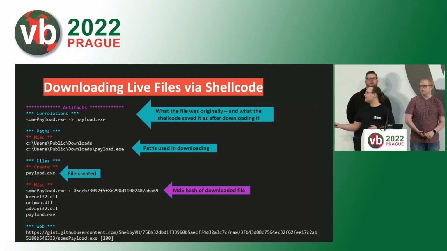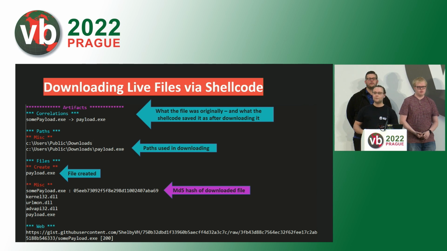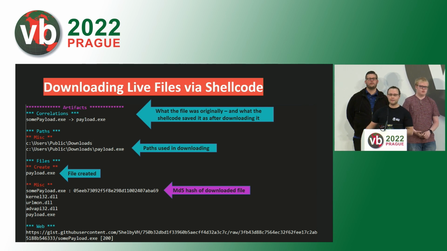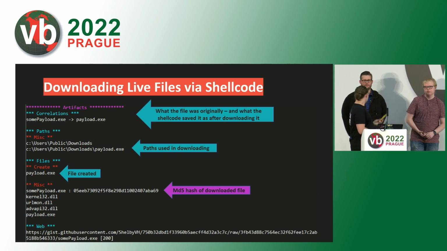And here we can see an example of a file being created with a successful download, along with the MD5 hash, and then the file correlations with our simulated file system, where this downloaded file has been renamed. If it is renamed or moved around in our simulated file system, it would show up right here. And we can see the web artifacts popping up with a 200, which means it successfully downloaded from the website. And then back to Bramwell here.